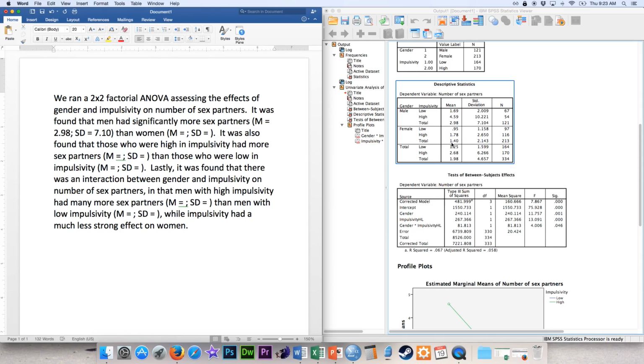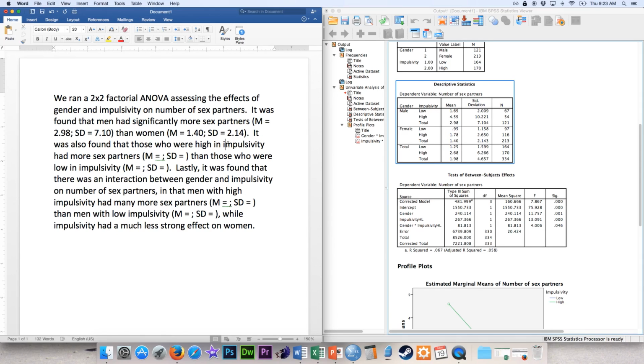Versus women who had a mean of 1.40 and a standard deviation of 2.14. And then for impulsivity, those who had high impulsivity, this group, had a mean of total high impulsivity equals 2.68, with a standard deviation of 6.27.